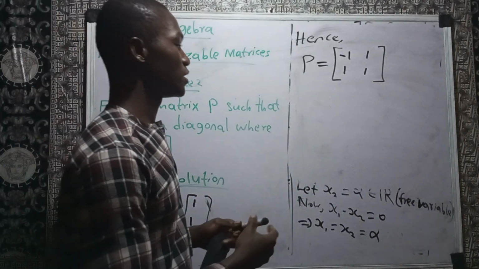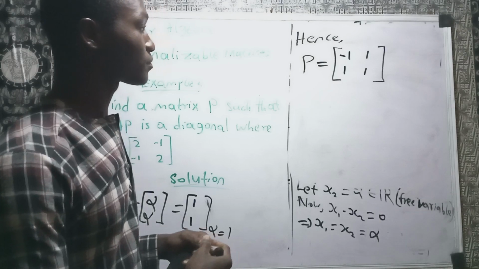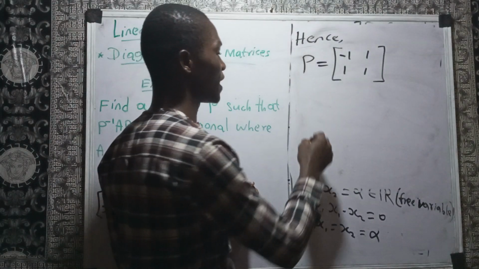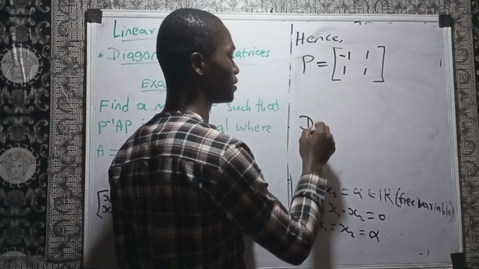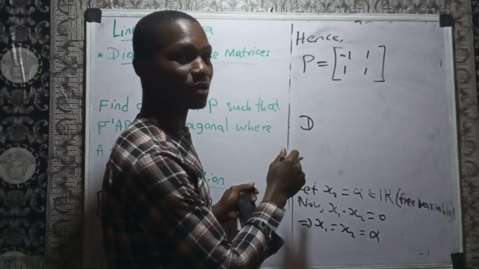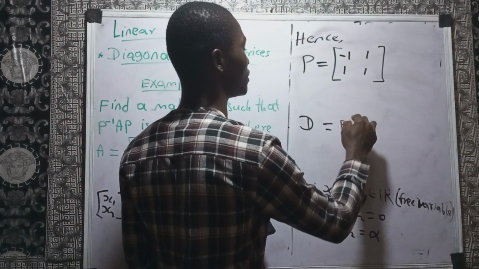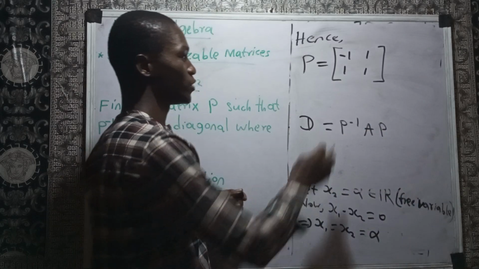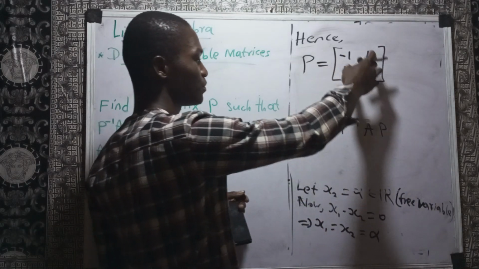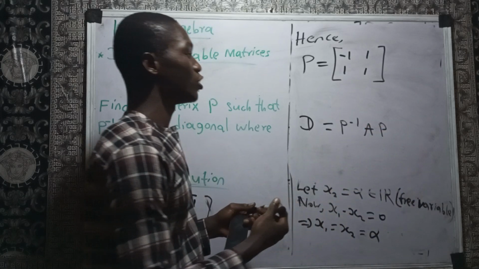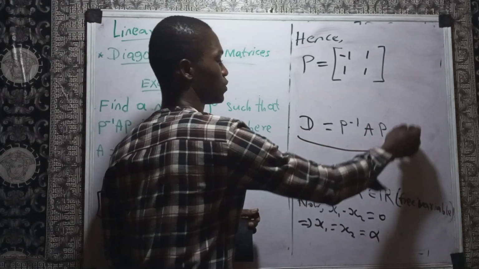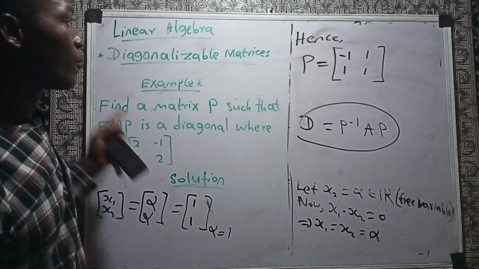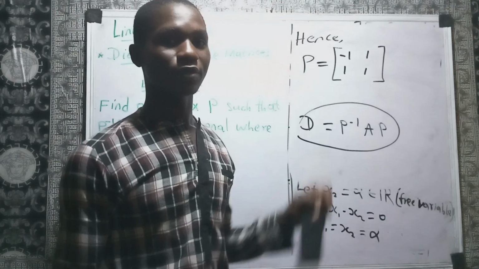I can leave it as an exercise for you to verify that this diagonal matrix D will be equal to P inverse AP, that's the inverse of this matrix multiplied by A multiplied by P. Though this is not what we are to do in this question. Our work is to find this, and we have done it, right?